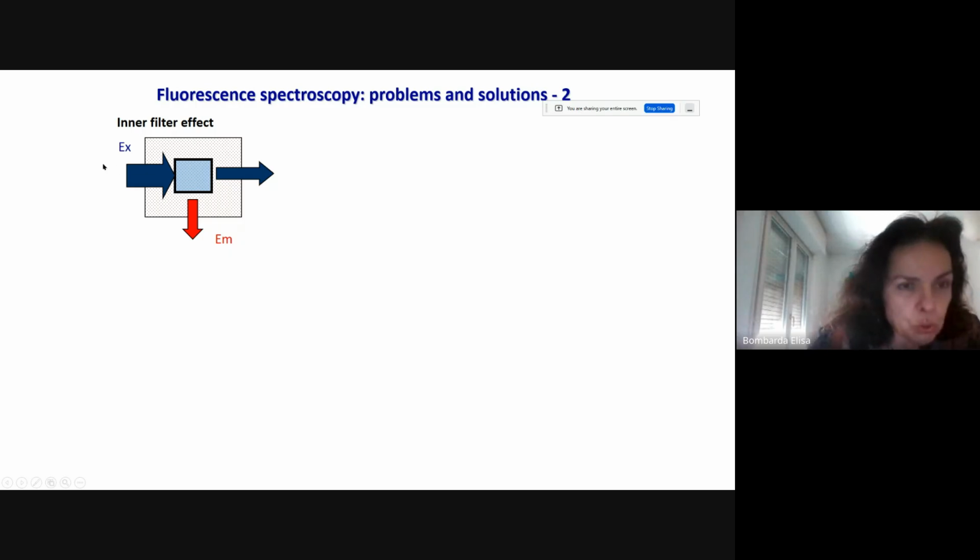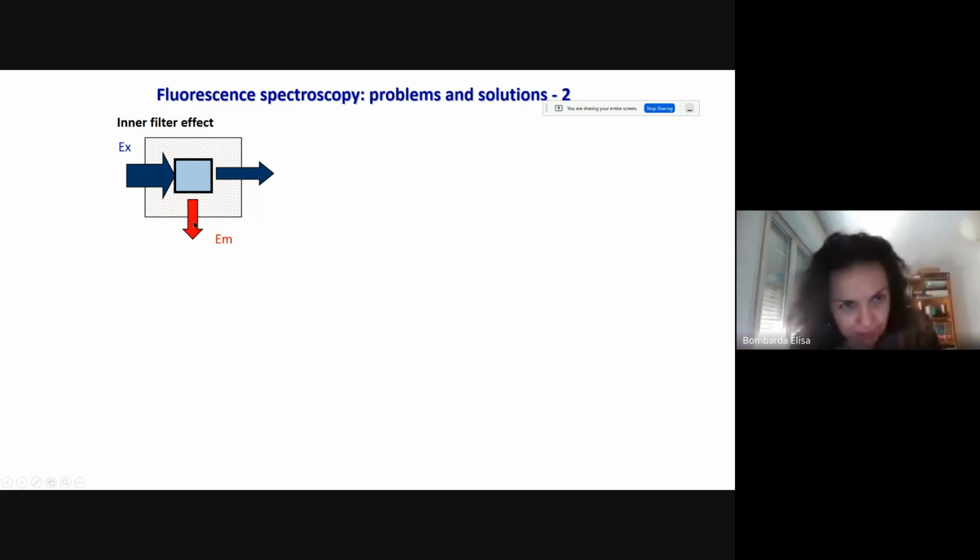You excite, of course the light is absorbed, so only a part is transmitted, and you detect your emission. In general, that's the scheme of what happens.